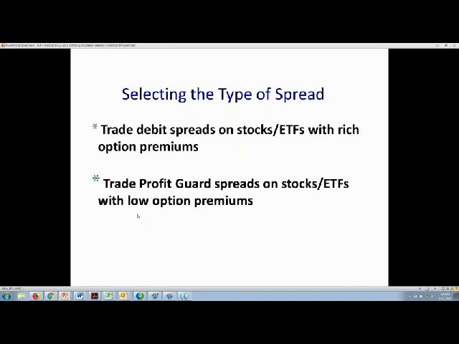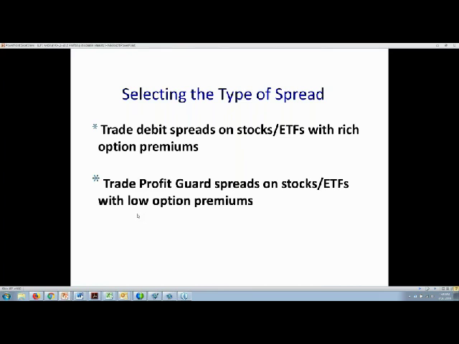So when we select the type of spread trade we like to trade, we trade debit spreads on stocks with rich option premiums, and then we trade the profit guard market neutral spreads on stocks with low option premiums.